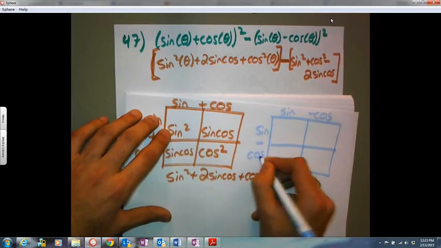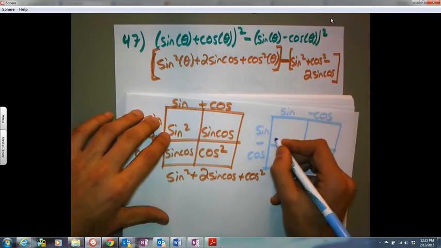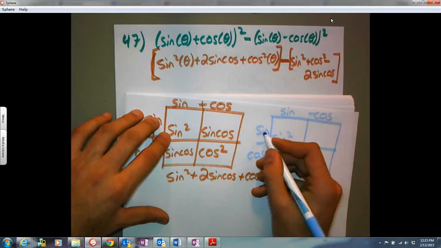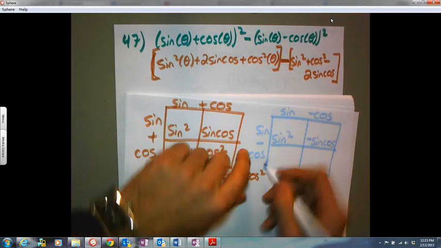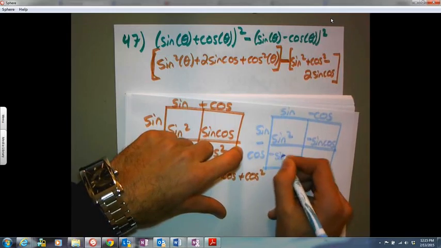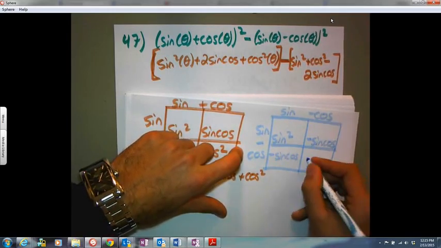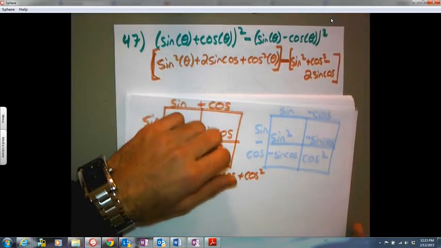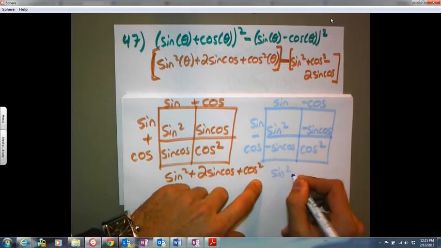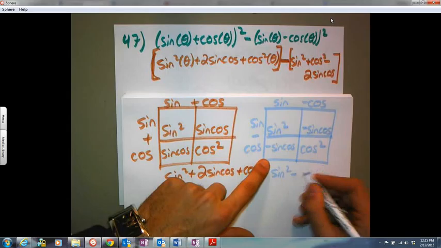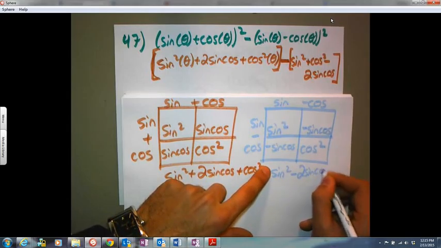Sine times sine, sine squared. Sine times negative cos is negative sine cos. Sine times negative cos, so negative sine cos. Negative cos times negative cos, cos squared. So what do we have? We've got sine squared minus 2 sine cos plus cos squared.